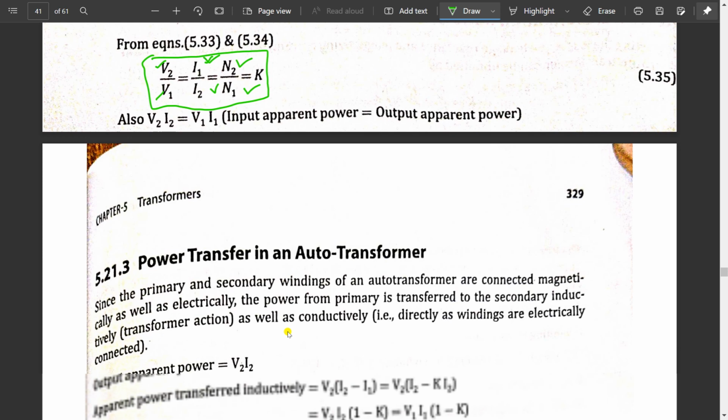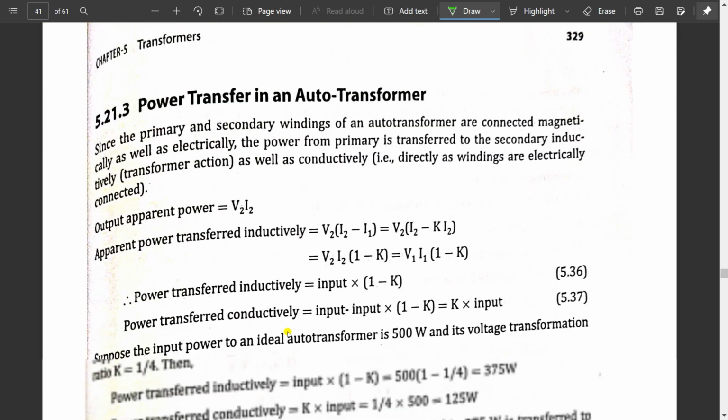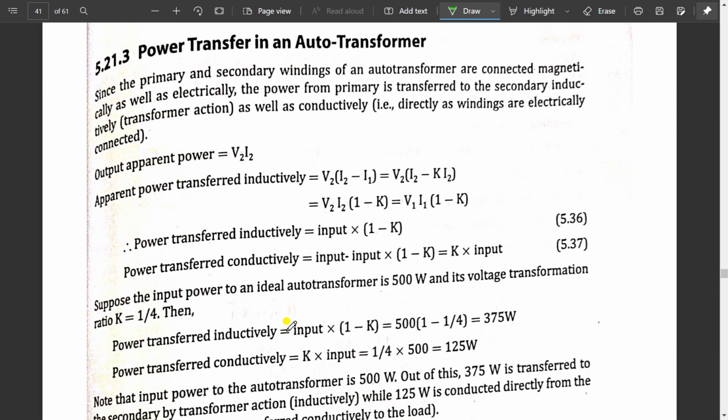Now there are mainly three applications in the case of an auto transformer. The first one is power transfer. In an auto transformer, power is transferred in two ways: one is inductively, another is conductively. If I consider inductive transfer, the output voltage is V2 and the difference in currents is I2 minus I1.